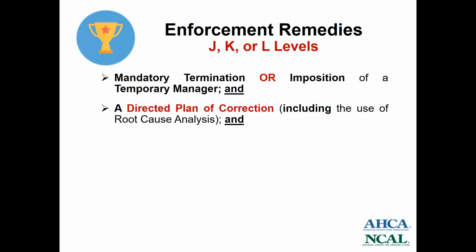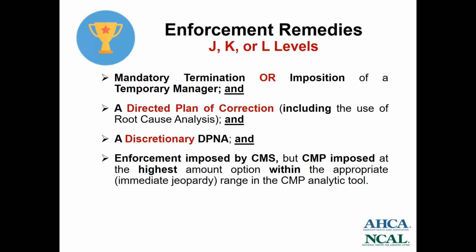And I want to remind us that these enforcement remedies currently only apply for tag F880. They don't apply to any other infection control tag, just F880. It also has a discretionary DPNA, and the enforcement is imposed by CMS, and just like the G, H and I, it's within the CMP range of immediate jeopardy, and that analytic tool provides you with information.